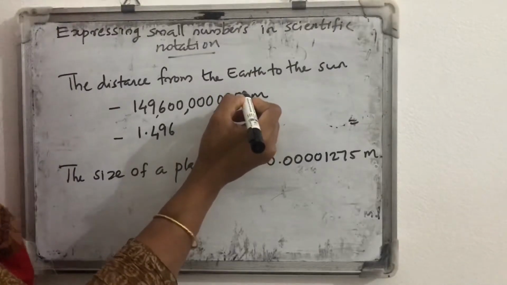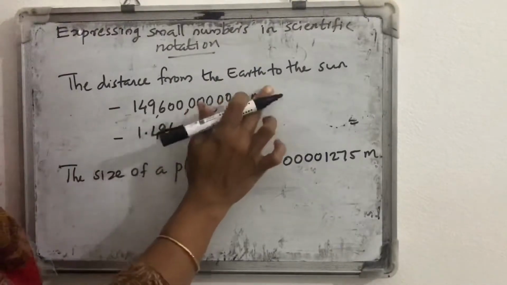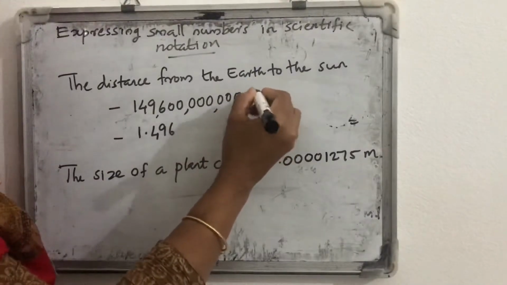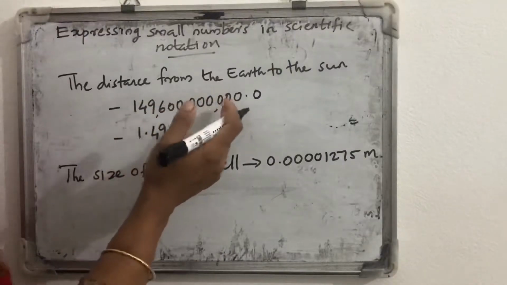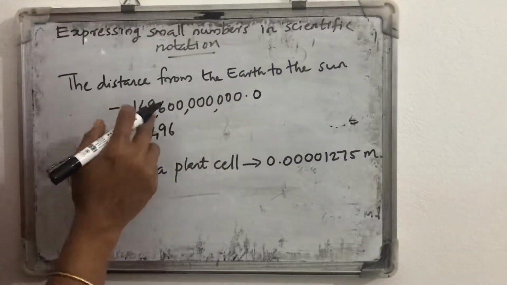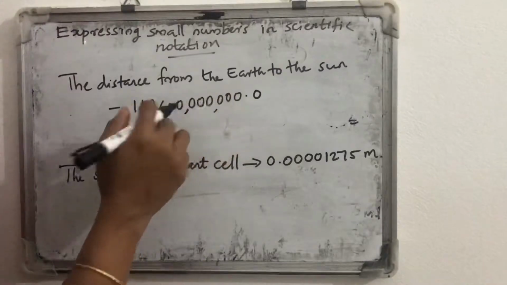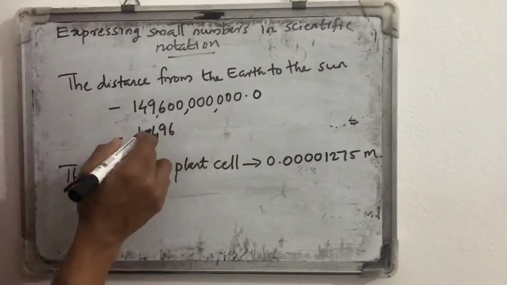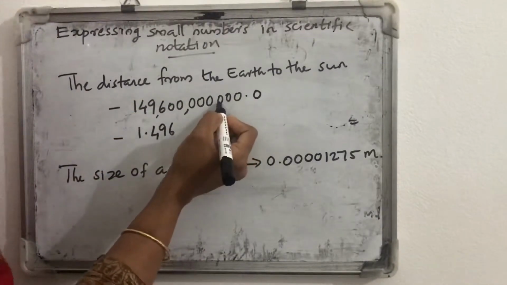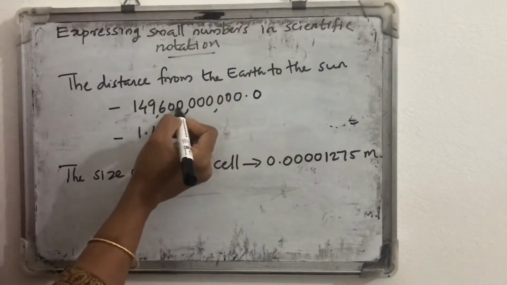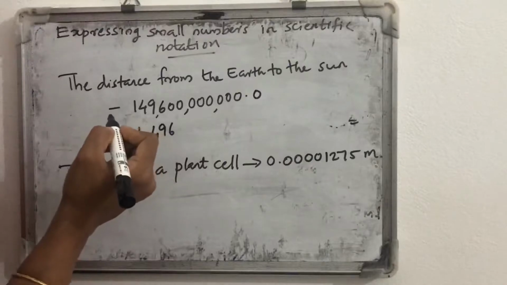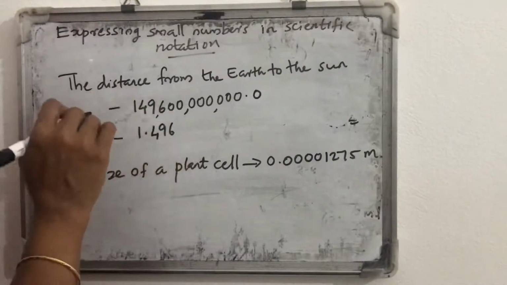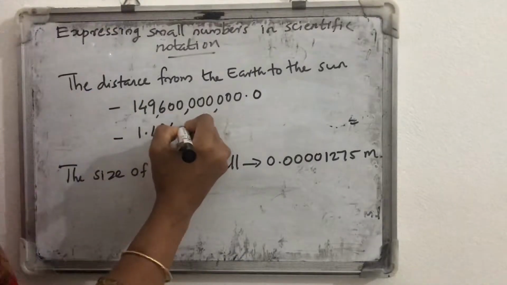After this 0. If it is this many meters, we can write it with the decimal point at the end. To move the decimal point to here, how many decimal places do we move to the left side? We count: 11 places to the left.